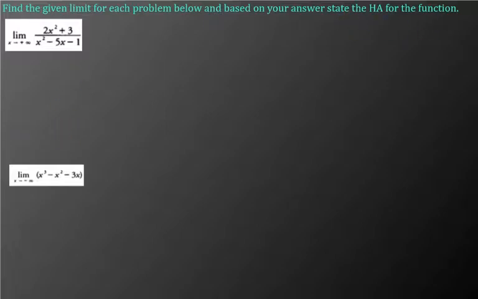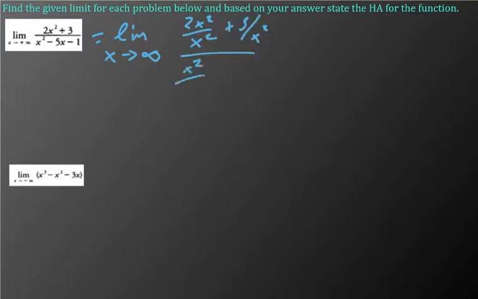So this rational function, the highest exponent in here is 2, x squared, right? So I'm just going to start off by doing, if I'm doing a limit as x goes to positive infinity, I'm going to divide out literally everything by x squared. And as long as you do it to everything, you don't change the problem or anything. So that's fine.